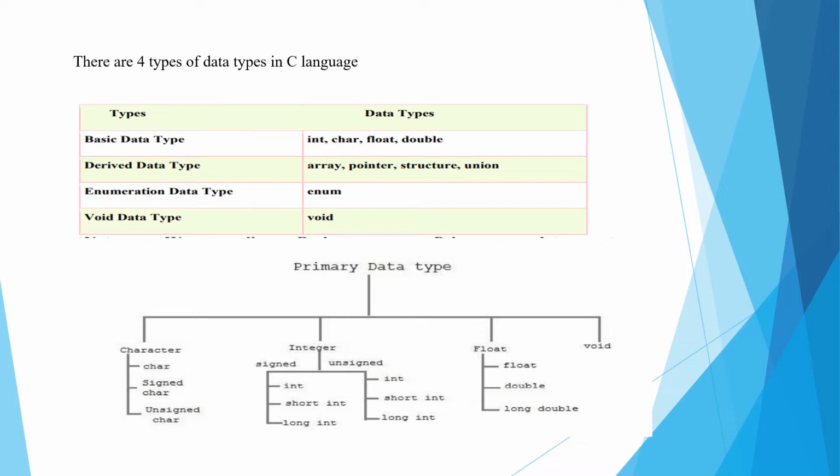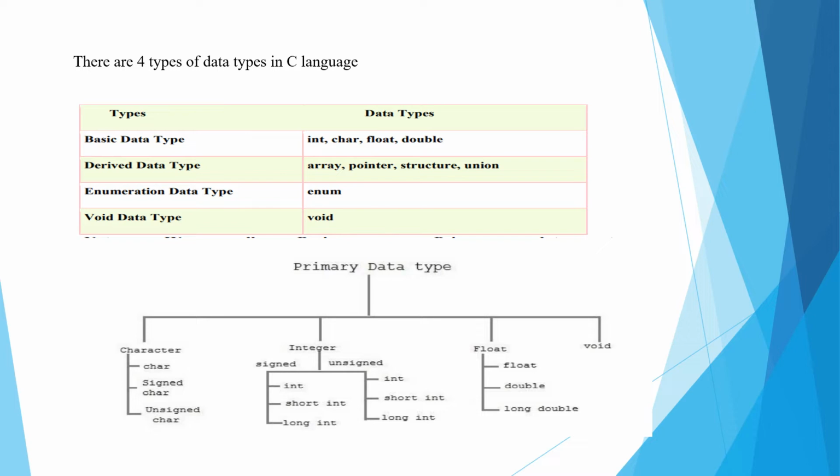Second one, character. Char is a data type which is used for specifying the character data type. So what does character mean? A character is any single character, either an alphabet, a number, or any special character. This is enclosed within single quotation marks. Then float.